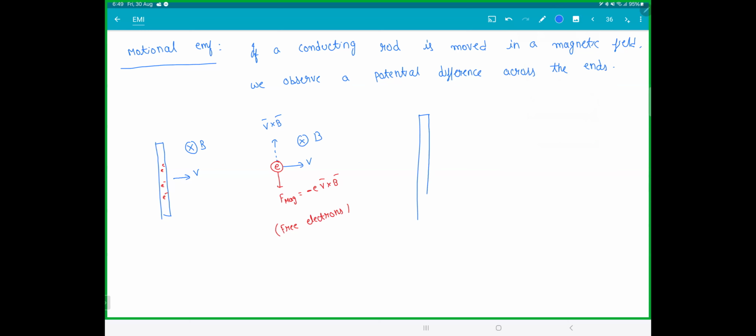When I take this rod and start moving with speed v in the magnetic field B, the electrons will start accumulating here and this will start becoming positive. So these create a field. E is the electric field due to induced charges. Clear? Now the electrons will keep moving. At one point, the electric force and the magnetic force will become equal. You reach a steady state.